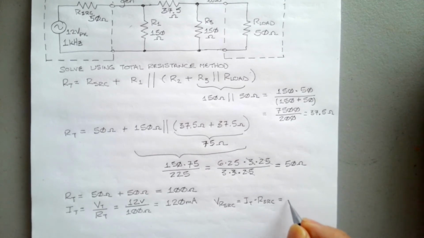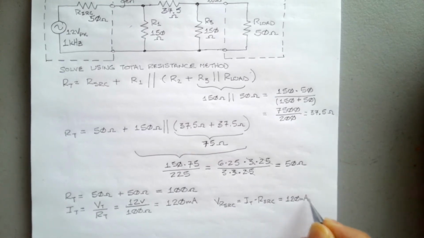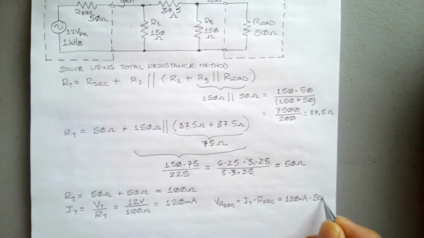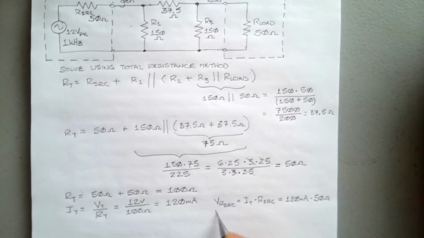We're going to wind up with VR source equal to 6 volts.